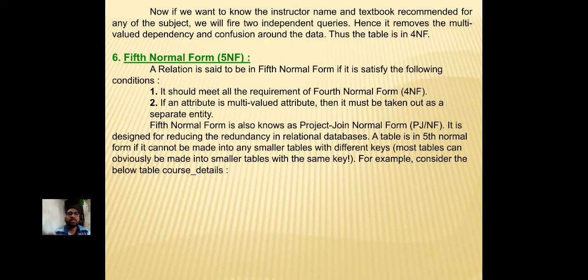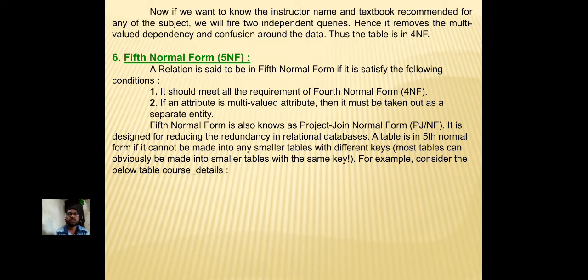Fifth normal form is also known as project-join normal form, PJNF. It is designed for reducing the redundancy in relational databases. A table is in fifth normal form if it cannot be made into any smaller tables with different keys. Most tables can obviously be made into smaller tables with the same key.